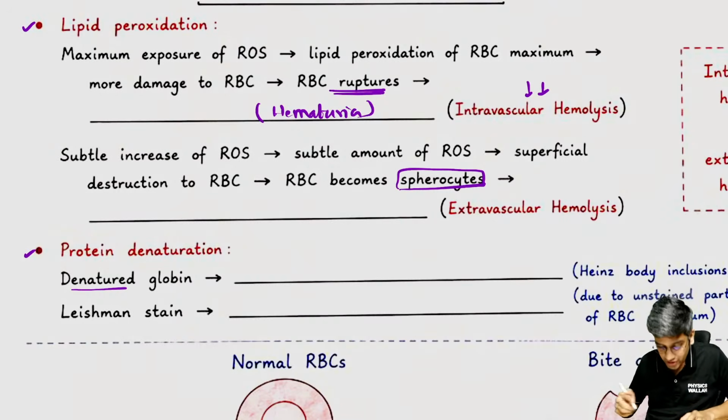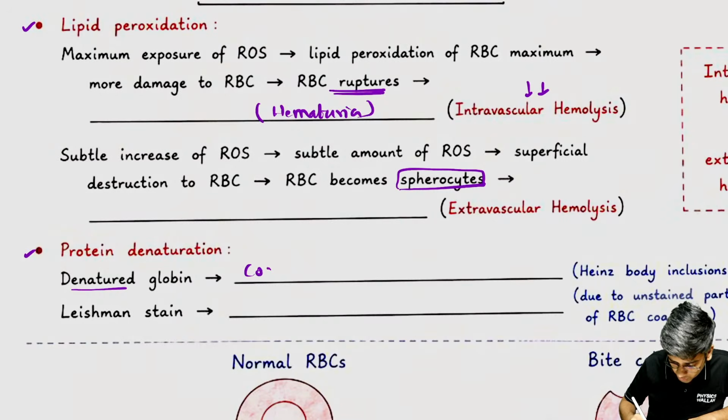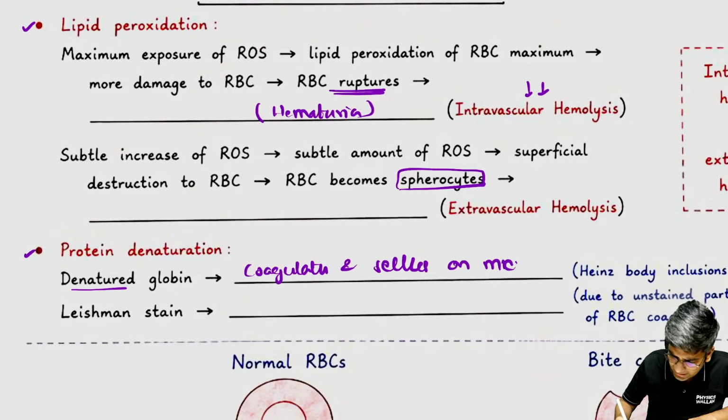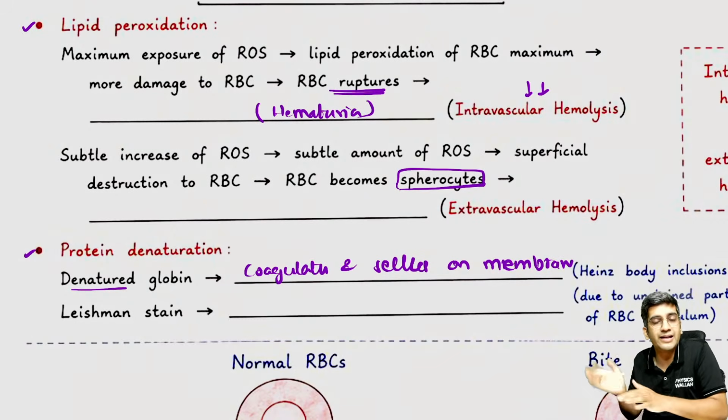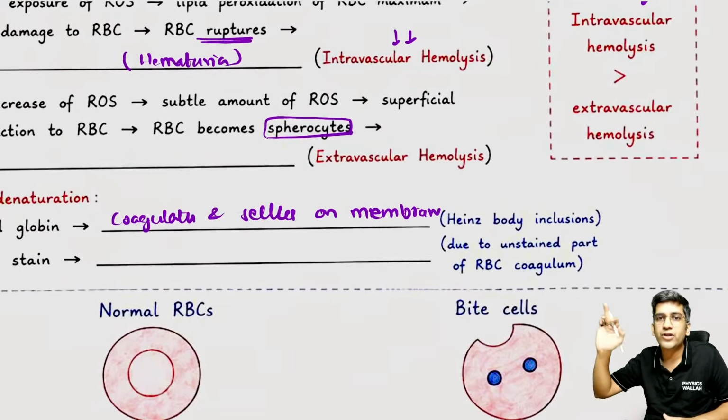It coagulates. So this denatured protein also coagulates and settles on the membrane. Everything will coagulate and settle on a membrane, right? If it coagulates, it will automatically come down, it will sit close to the membrane. That settled denatured protein is your Heinz body.